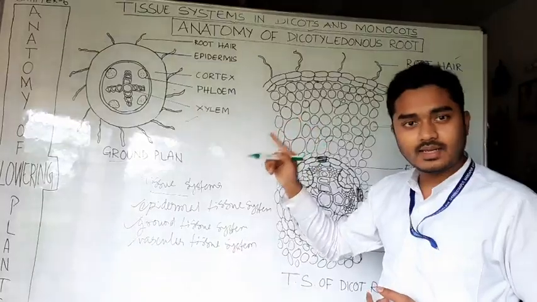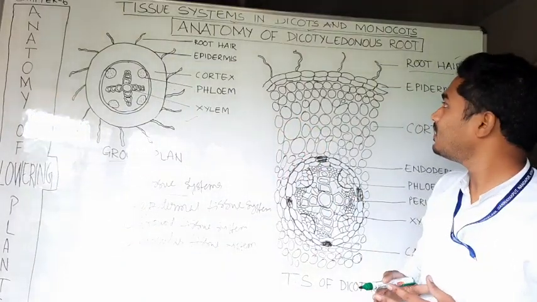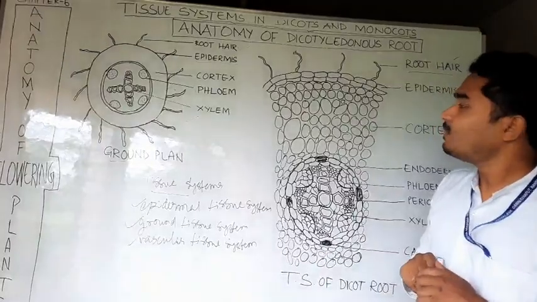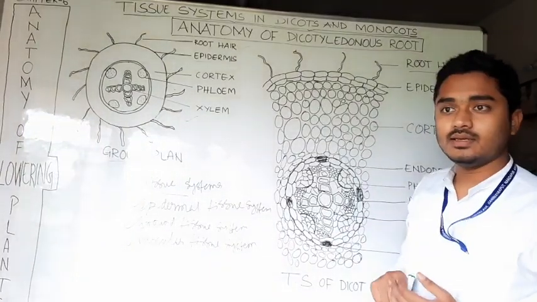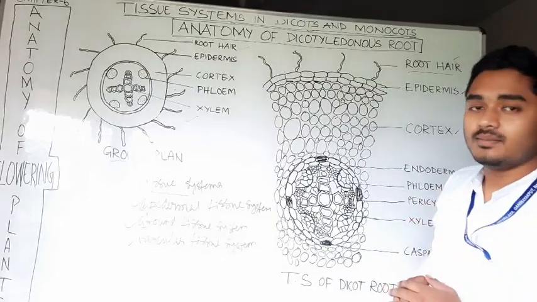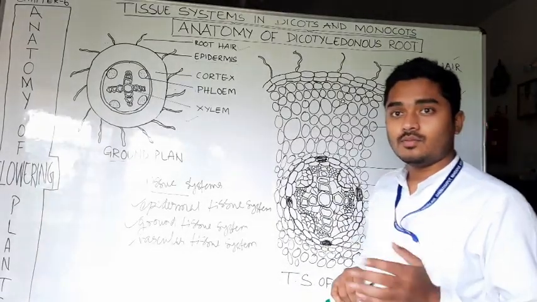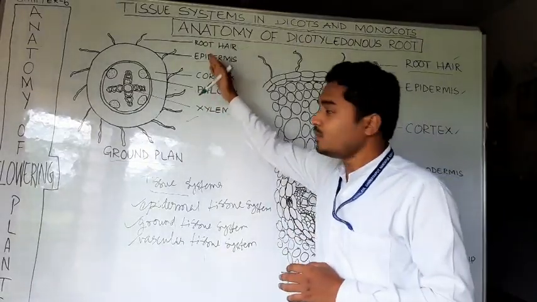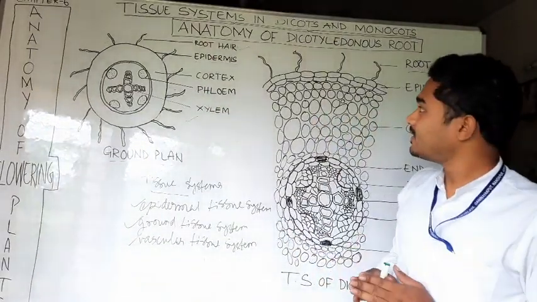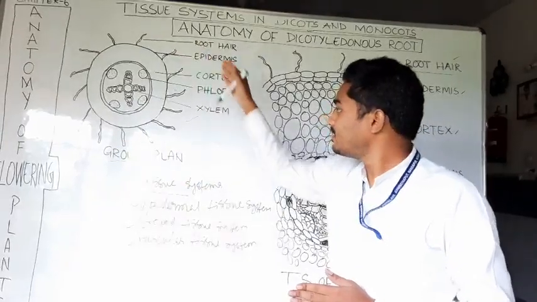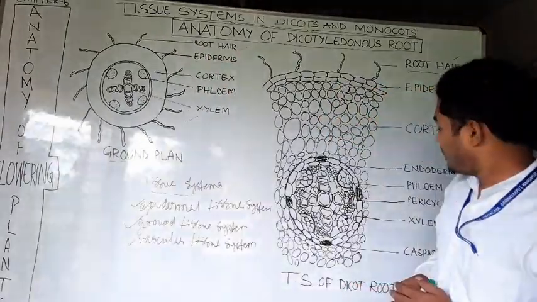The epidermal hairs, also called root hairs, play an important role in the absorption of water and minerals, which we will discuss in the water absorption chapter of plant physiology.